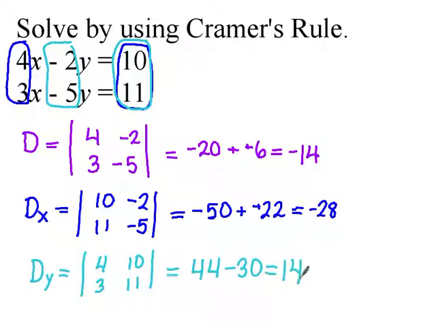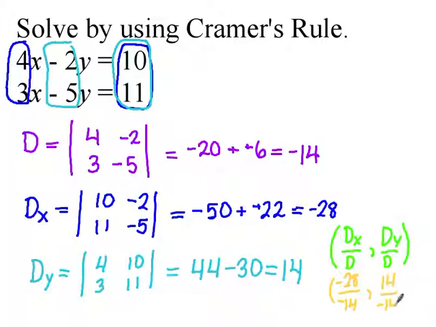So now in order to get my solution, this is what you're going to do. I've got an ordered pair here. I'm going to take dx divided by d, and then I'm going to take dy and divide it by d. And that's all you're going to do. So dx is negative 28, divided by negative 14. dy is 14 divided by negative 14.